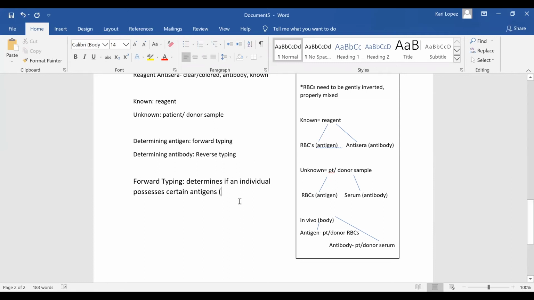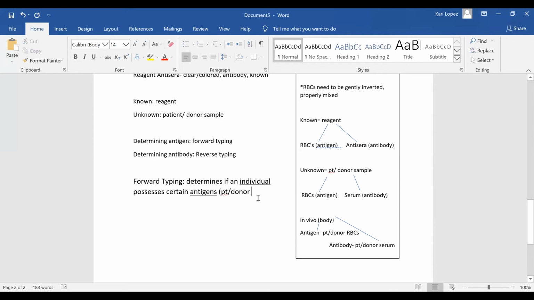We know we're talking about an individual, so that's your patient or donor. And then we're talking about antigens, so it's going to be red blood cells.